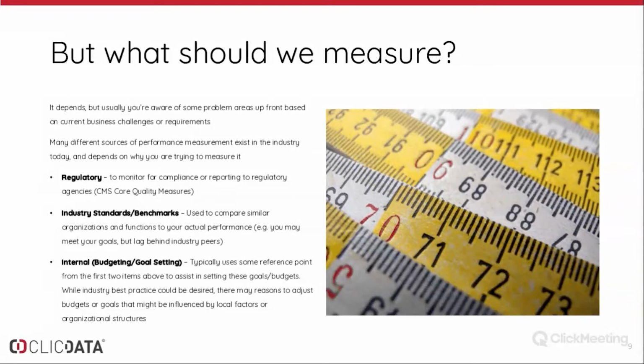So a lot of times you may use internal budgeting or goal setting that work in conjunction with the benchmarks to be able to say, okay, this is a 2 to 3 year plan, and this is how we get there by setting intermediate goals and budgets that are going to allow us to get there, and being able to track against those using a performance measurement process.